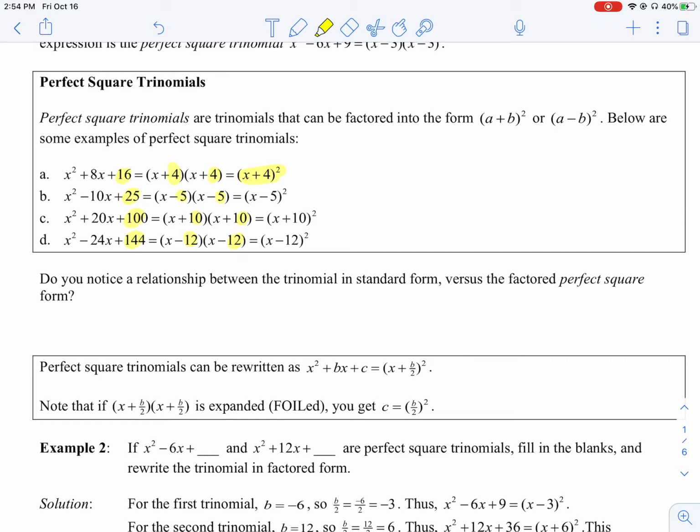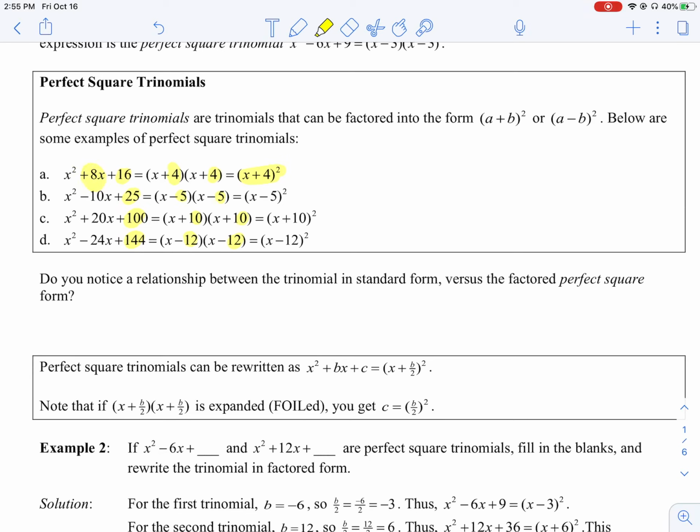All right. Now, but why both positive though? Because you know how 4 times 4 gives you 16. Negative 4 times negative 4 will also give you a positive 16. But why do we have a positive 4? Because our b value is a positive 8. Right?